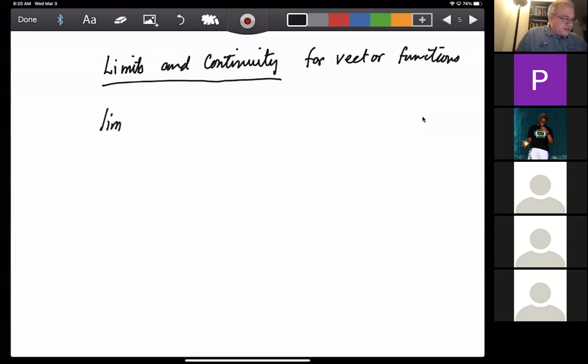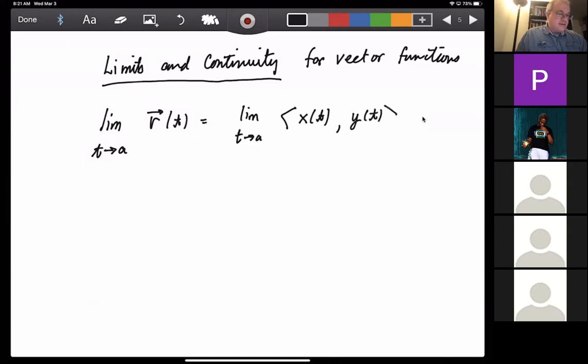If you want to apply some limit to a vector function, let's say, I'll just think of R as a 2-component function for simplicity. Any limiting operation applied to a vector function is applied component by component.